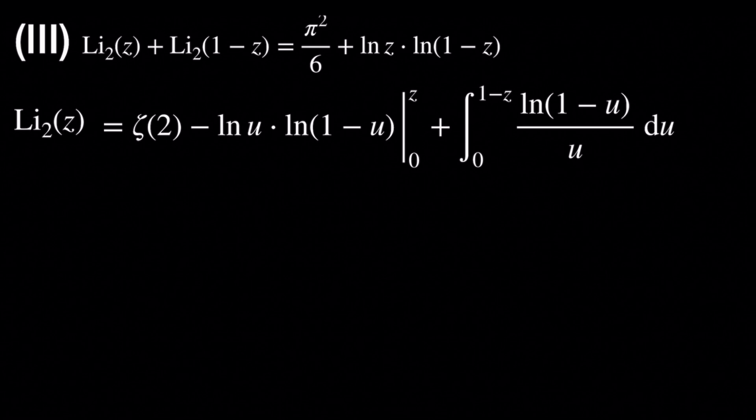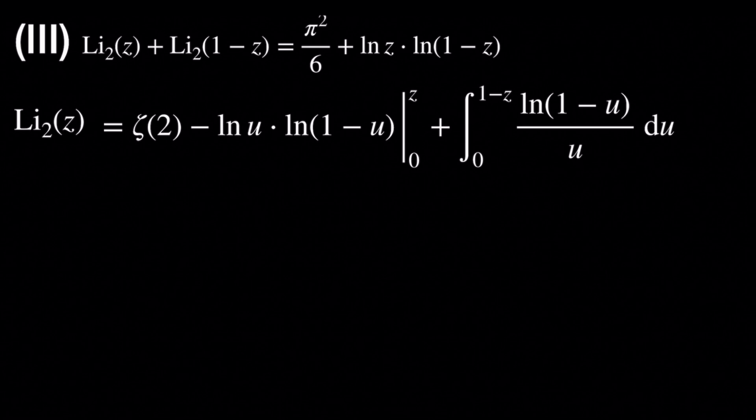Okay. Now let's look at the product of the two logs. We can easily evaluate that at z, because z is actually in the complex plane minus the interval going from 1 to infinity. So remember that we cannot evaluate a log at 0, so we have to take a limit. But the limit of log u times log of 1 minus u, as u goes to 0 is actually 0, because log of 1 minus u is equivalent to u.